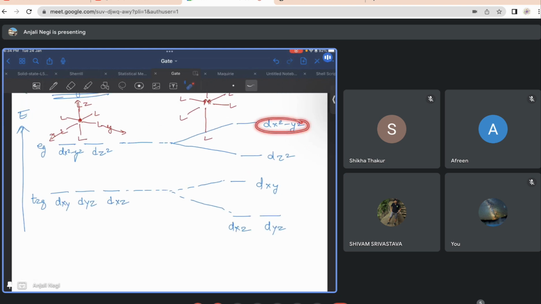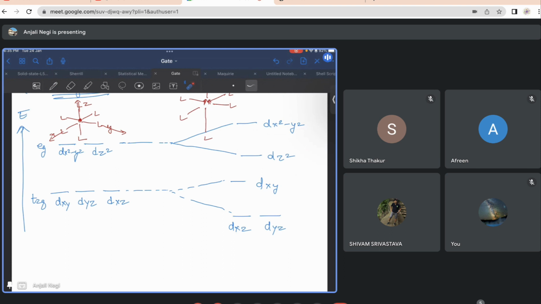Since here the z component was stabilized by the elongation, in the compression case this will be destabilized, and in that case my dz square will have higher energy in comparison to the other d orbitals, and that is why I will have two orbitals, dxz and dyz, and here only one with dxy. Okay, so I am not going into that case.